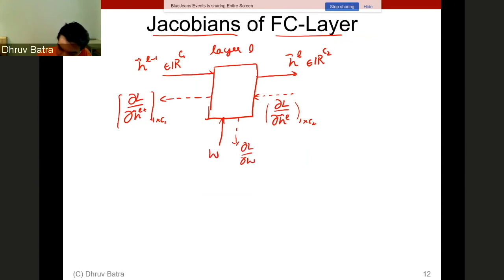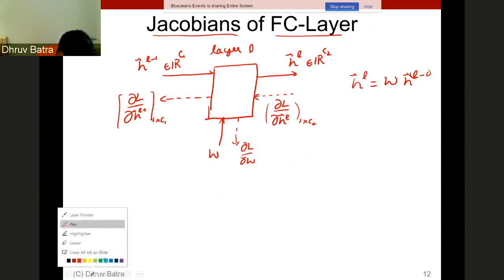We know that this fully connected layer H^L is simply W times H^(L-1), and we're assuming that the bias has been incorporated into the column. If not, it would just require special treatment. But yeah, there are two things we have to calculate.